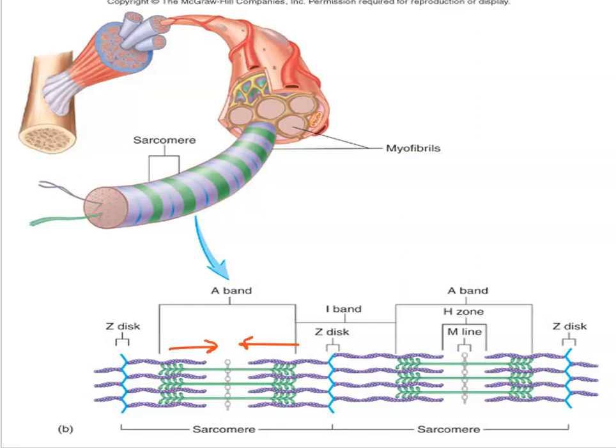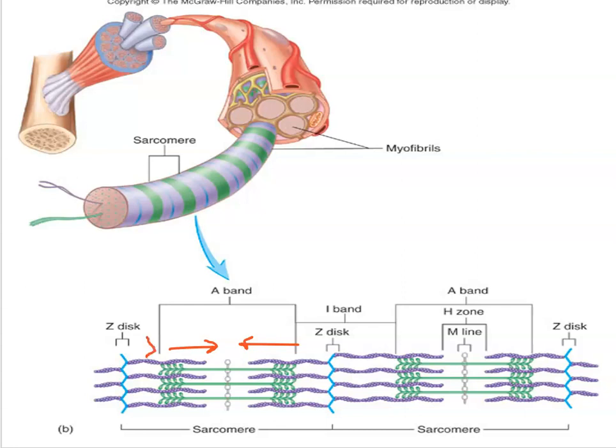Myosin grabs actin, pulls it towards the M line. So we'll start to see the I band shrink, right? And the H zone shrink, as these are the areas with no overlap. And this zone of overlap is going to increase as the sarcomere shortens, right?